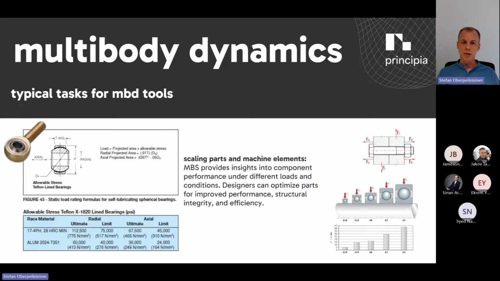Then when it comes to forces and all the details that come out of a multi-body dynamic simulation, one thing is that you can do scaling of parts, so standard parts and machine elements with the forces generated by multi-body analysis.